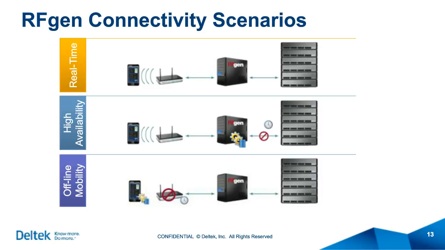The second one is more of a high availability environment where I've got remote locations and I may not have good enough communications to have those people up all the time, or it could be that I'm going to have some planned downtime because of maintenance on the ERP system or just because of the difference in time zones.